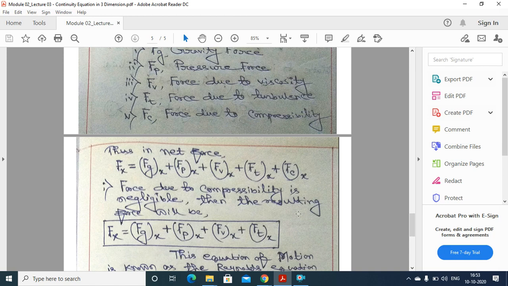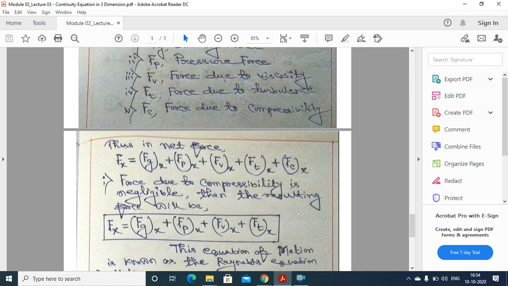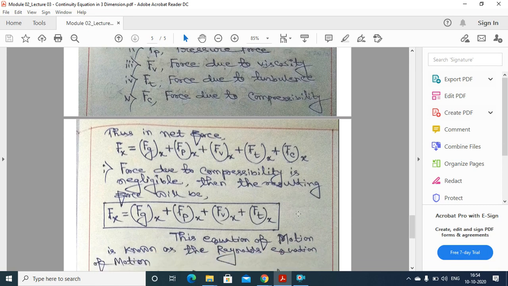If we neglect the force due to compressibility from this equation, this equation of motion will be known as Reynolds equation of motion.